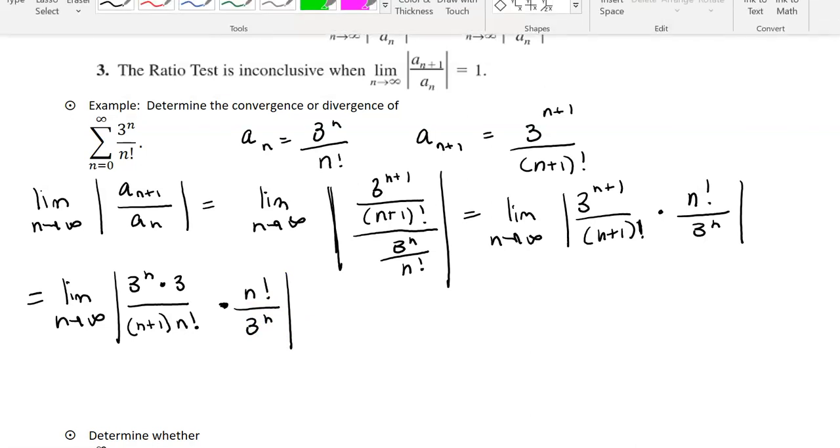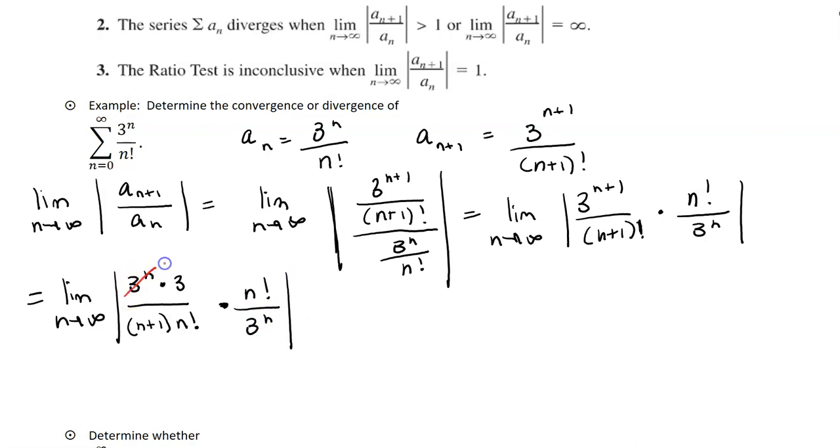Okay, so now you see some stuff should start to cancel out. We can cancel out 3 to the nth power, and we can cancel out n factorial. And I'm now taking the limit as n approaches infinity of the absolute value of 3 over n plus 1. So this is a constant term over something that's approaching infinity, and this gives me 0.